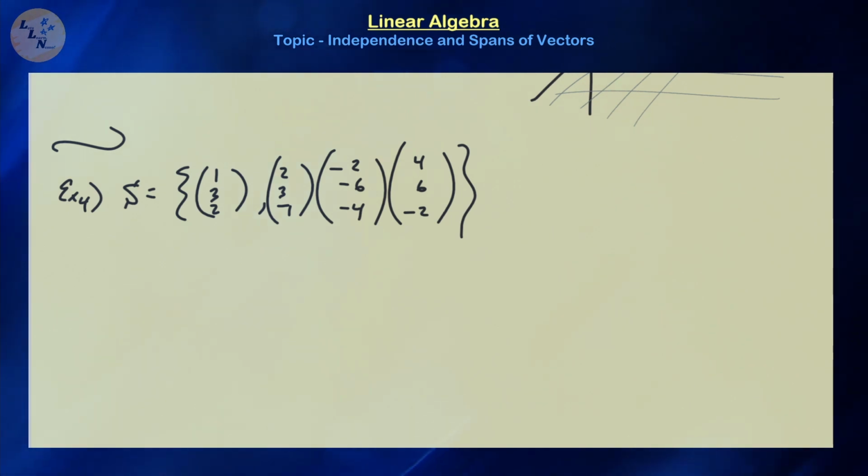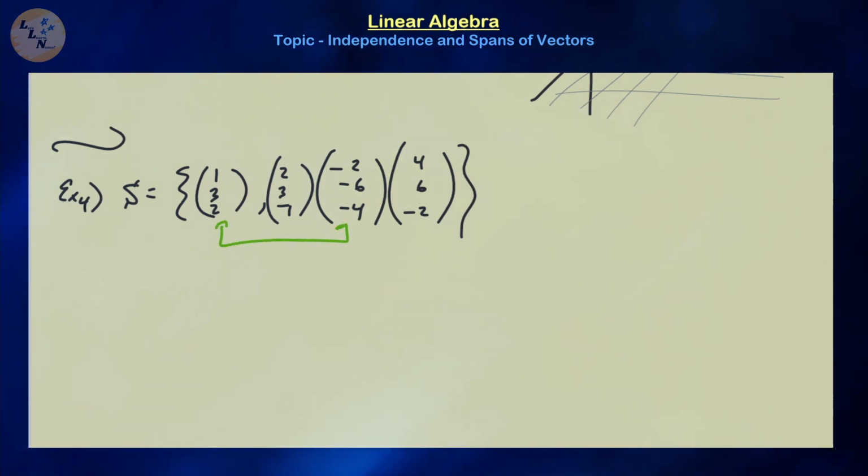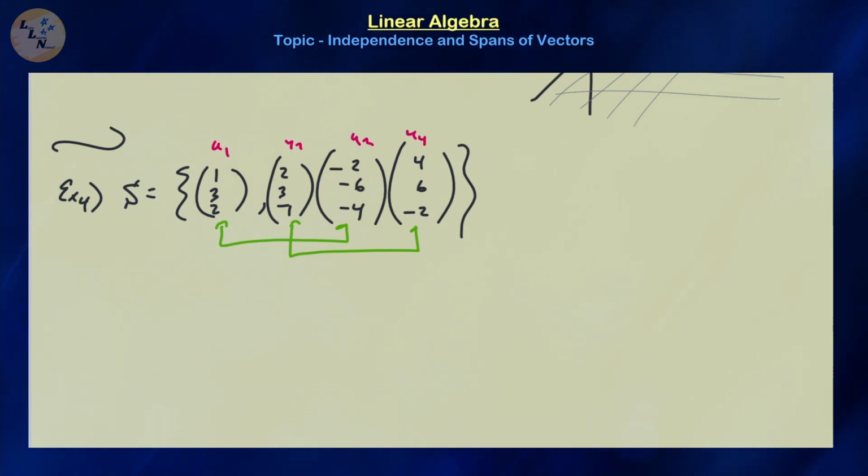Take a look at these vectors and see what you can gather just from observation. You should be able to see that these two vectors are dependent on each other. One is just a multiple of the other, and these two vectors are linear combinations of each other. So one could say that the span of S is a linear combination of U1, U2, U3, and U4, but they are a set of dependent vectors.